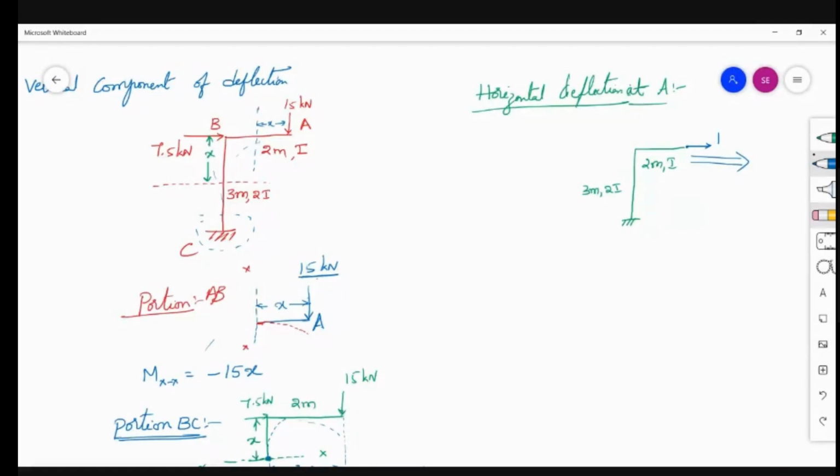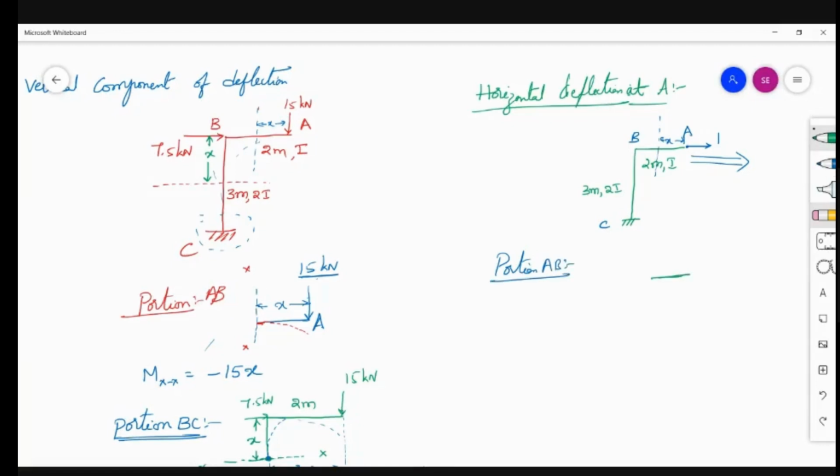Now, with this, consider a section. This is portion AB and this is BC. The same section at a distance x is to be considered here. For portion AB, draw the free body diagram.